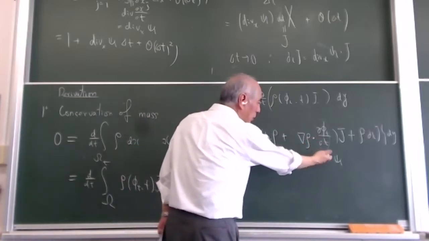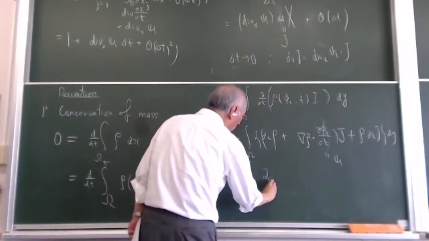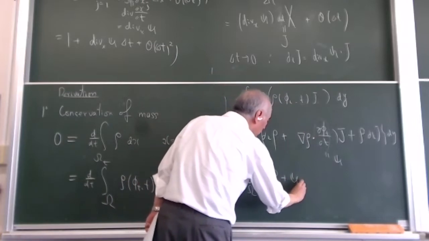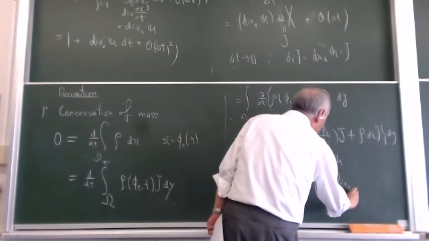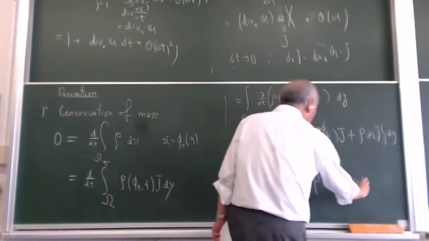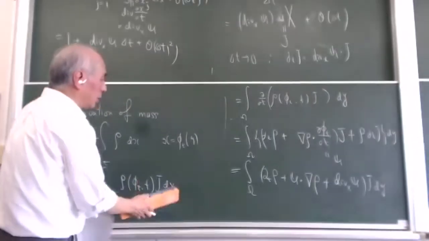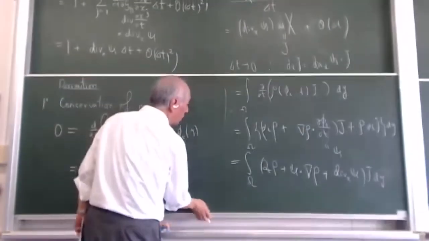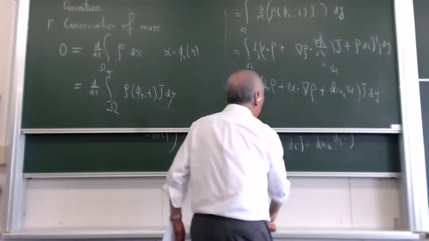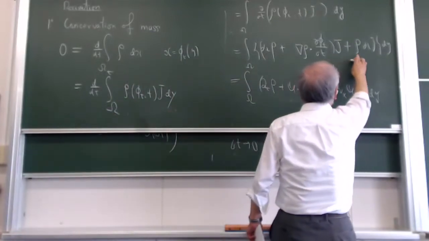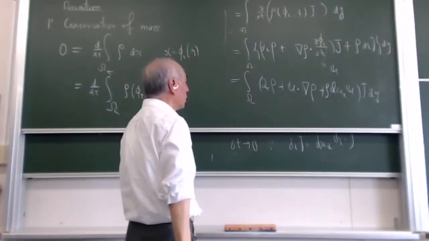Therefore the representation is in the x coordinate: dt rho plus nabla rho dot u j.